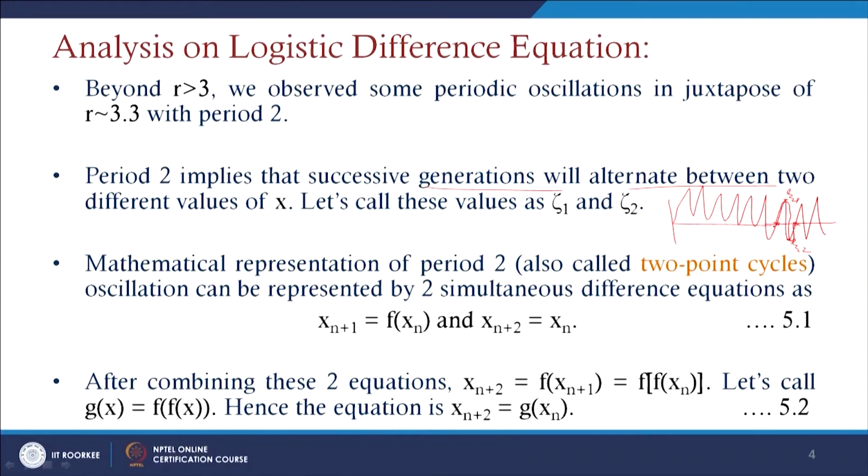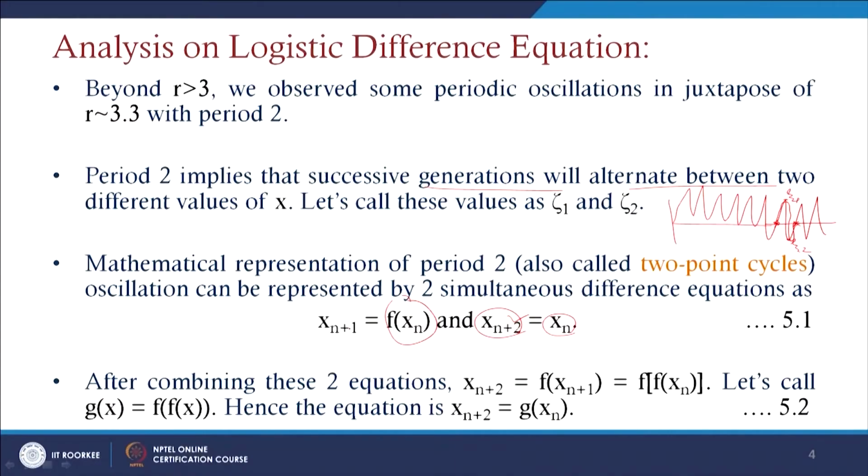We obtained this difference equation in oscillation form as x_{n+1} = f(x_n), and if the periodicity exists for 2 cycles, then we can find x_{n+2} = x_n. Since whatever value we get at this point, finally we get this value at this point also. That is why we considered x_{n+2} = x_n.